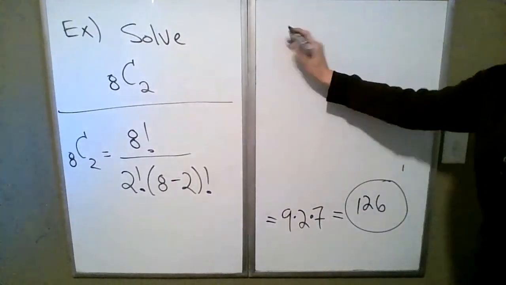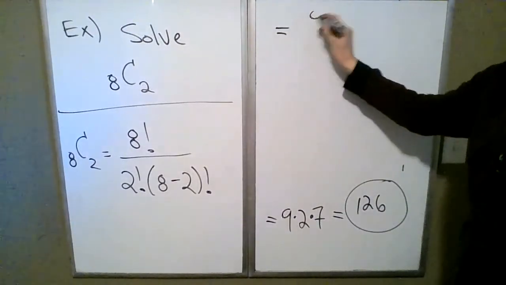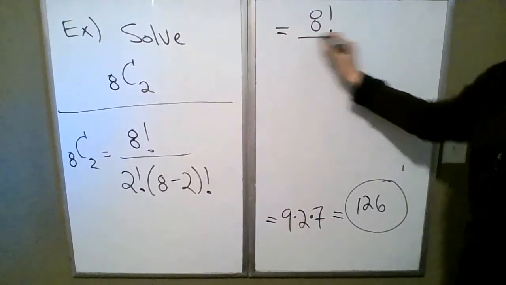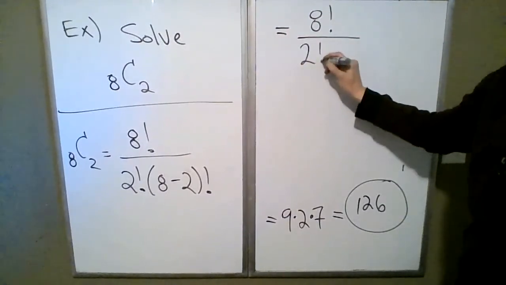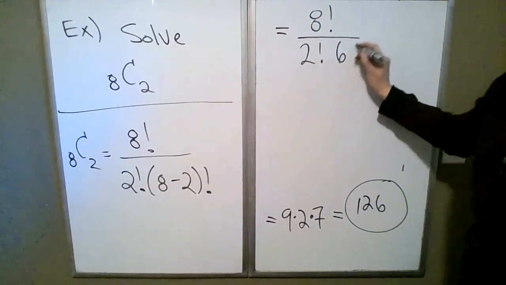So we're going over here, and I've got 8 factorial over 2 factorial times 6 factorial.